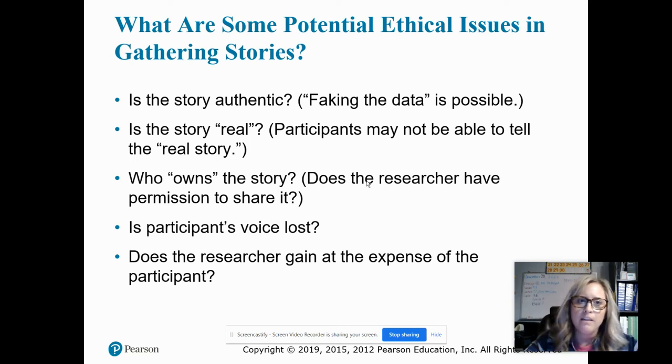And so you need to think, is this story authentic? Are they faking the data? Is that possible? Is the story real? Are they able to tell the real story? Who owns the story? Do they have permission to be talking about what they're sharing with you? So these are just some of the questions that you need to pose as you're designing and developing your research. Okay. And that's what every good researcher does.